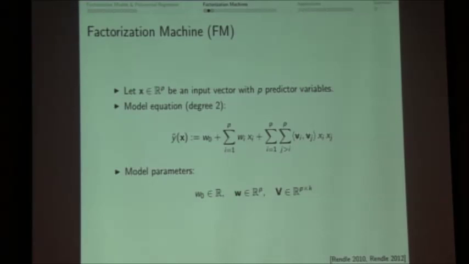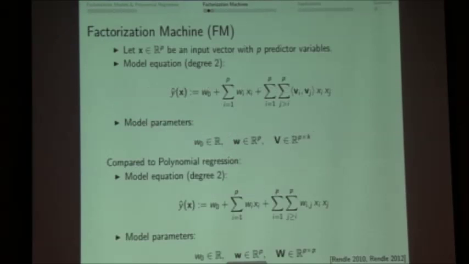Actually what you do is, and I think I introduce it better like this, on the bottom you see the polynomial regression model that we have seen before. And on top is the factorization machine model. So both of them, as you can see, are very, very similar. You estimate single variable effects and you estimate all the effects between all pairs of variables.